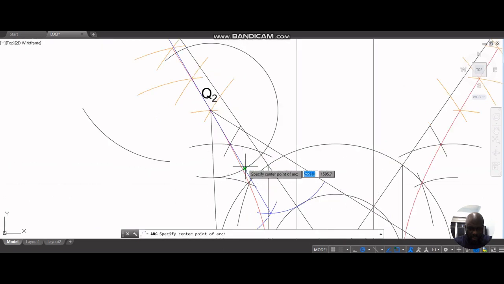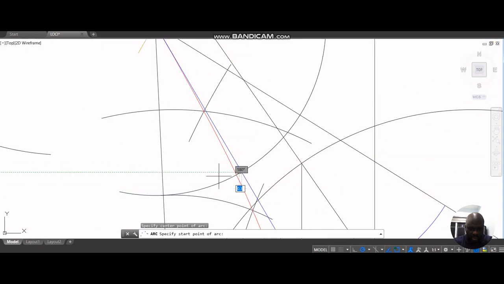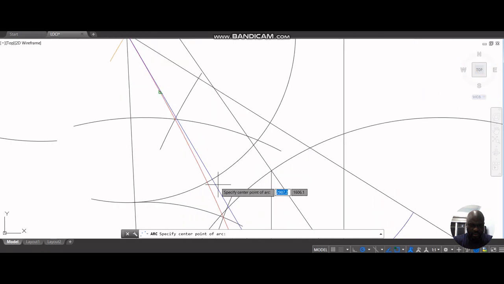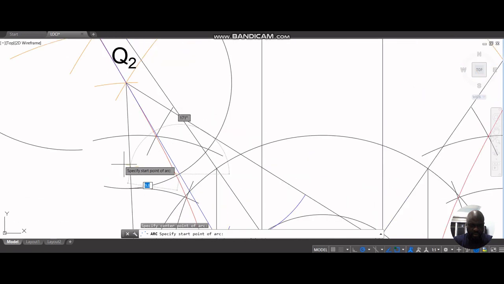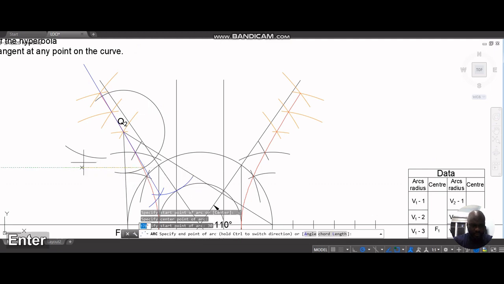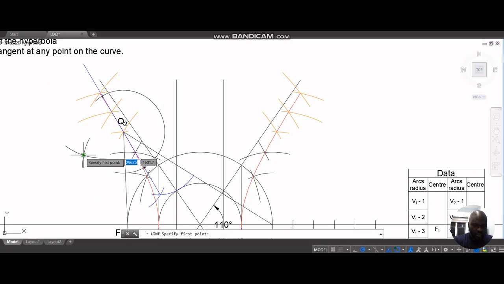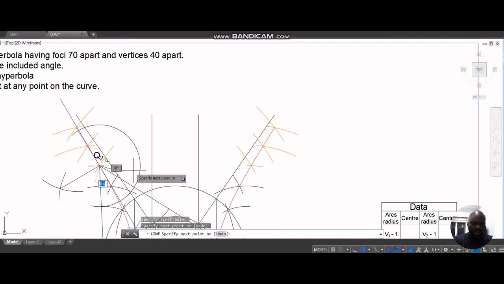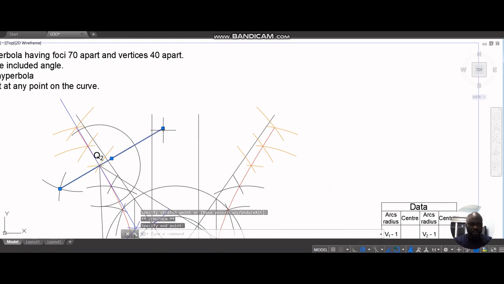And where the arc intersects the blue line, you create an arc with the other intersection on the blue line to cut the previous one right here. A straight line drawn from this point of intersection through the point Q would give us a normal to the tangent there.